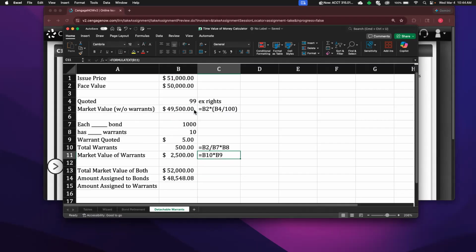And I will put, again, all of that over here with our formula text. And we want to do the same exact thing to our warrants.